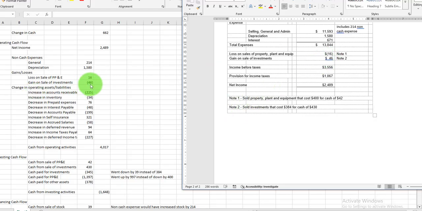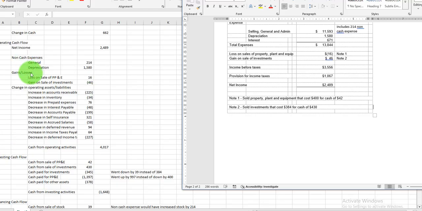But all we need to know for the operating section is the gain or loss. So we add the loss, subtract the gain. We do exactly the opposite of what was on the income statement because they're not related to cash, and therefore we are essentially taking them off our calculations because we need to get back to what was actually done from a cash basis.